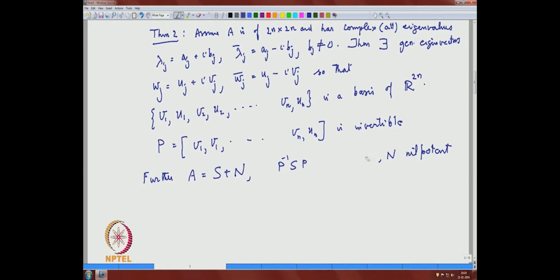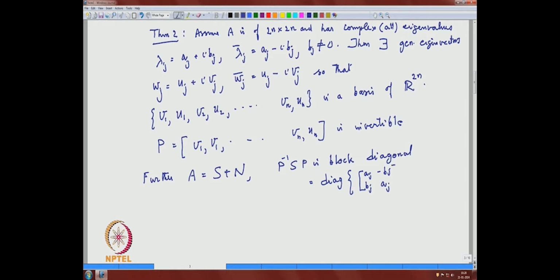Something is not exactly what I said. It is block diagonal. What is the meaning of block diagonal? Each block has 2 by 2 entries, Aj, minus Bj, Bj, Aj.